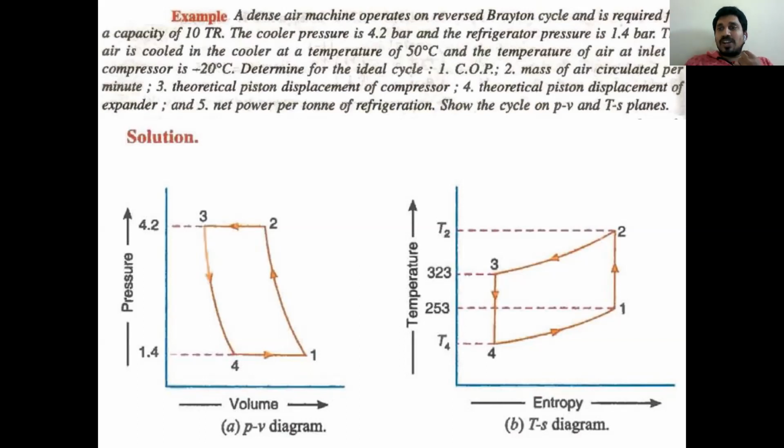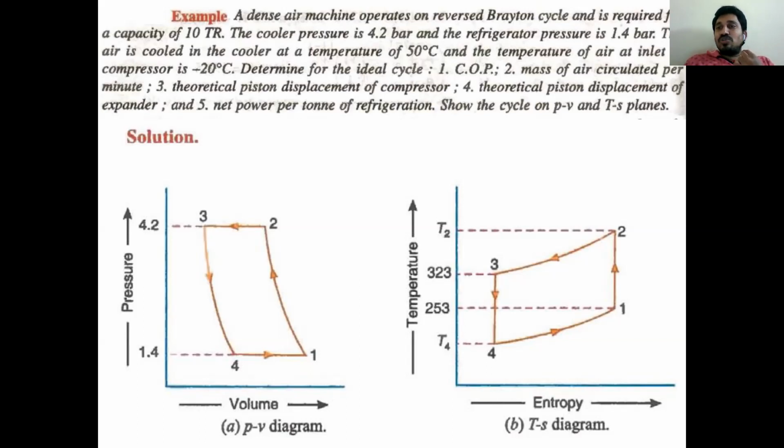In total, 4 things were given: 2 pressure limits, the highest and lowest pressures, and 2 temperature limits. One is before entering the compressor, and the second is after the high temperature heat exchanger, also called the air cooler. Along with this data, the cooling capacity was also mentioned in the problem, that is 10 TR.